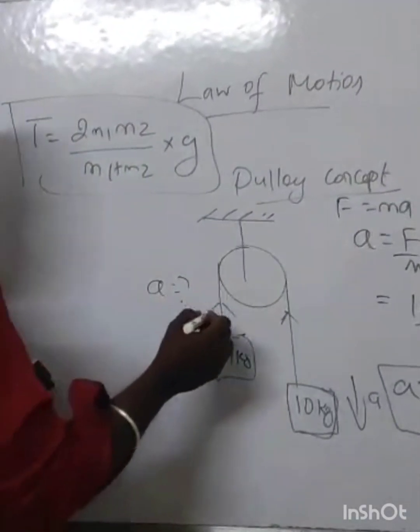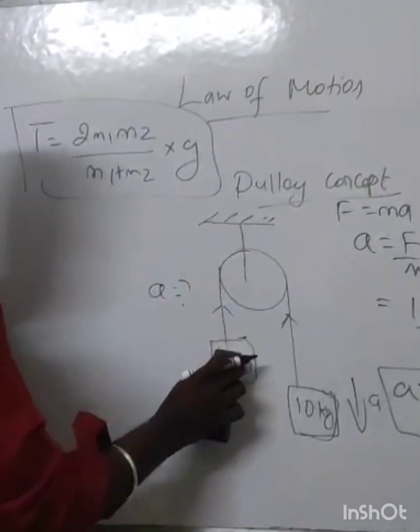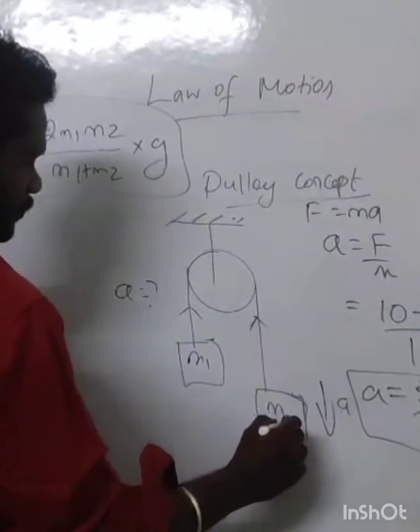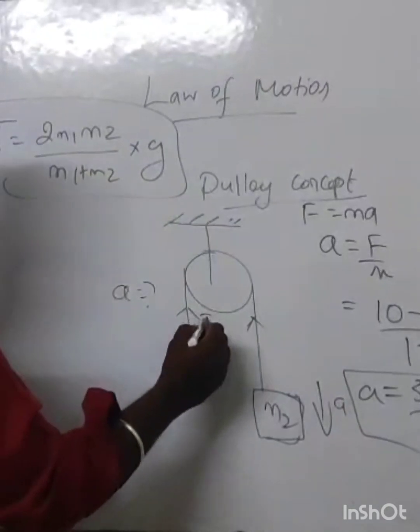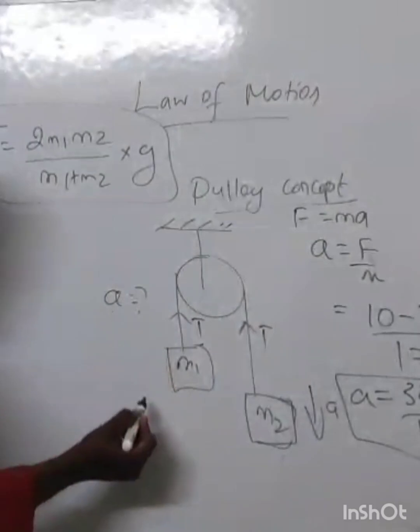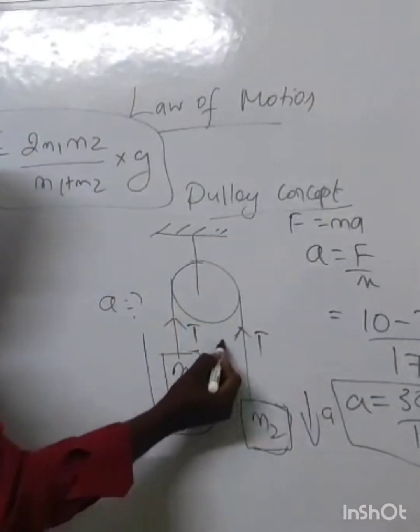For this free body diagram, I keep m1 here and m2 here, with tension acting upward. First I draw the free body diagram for the left hand side.